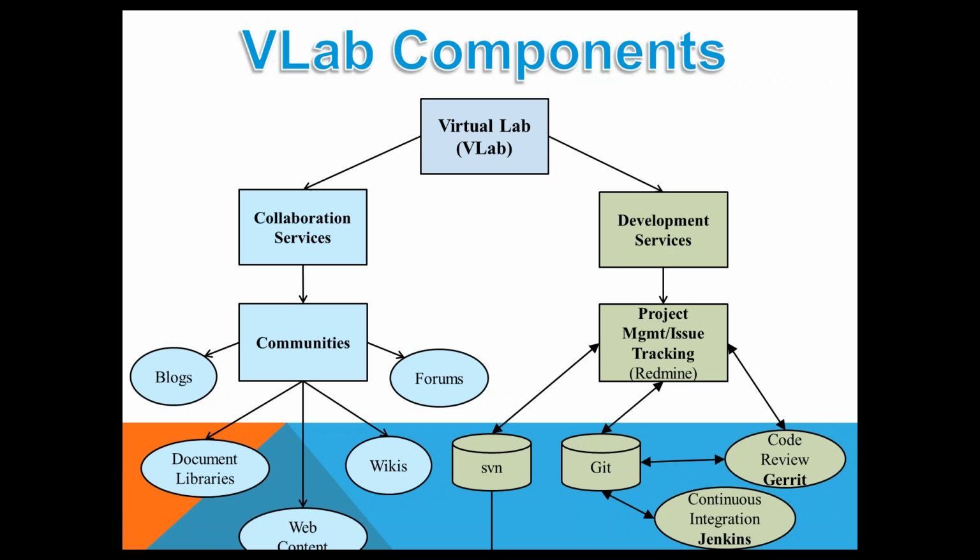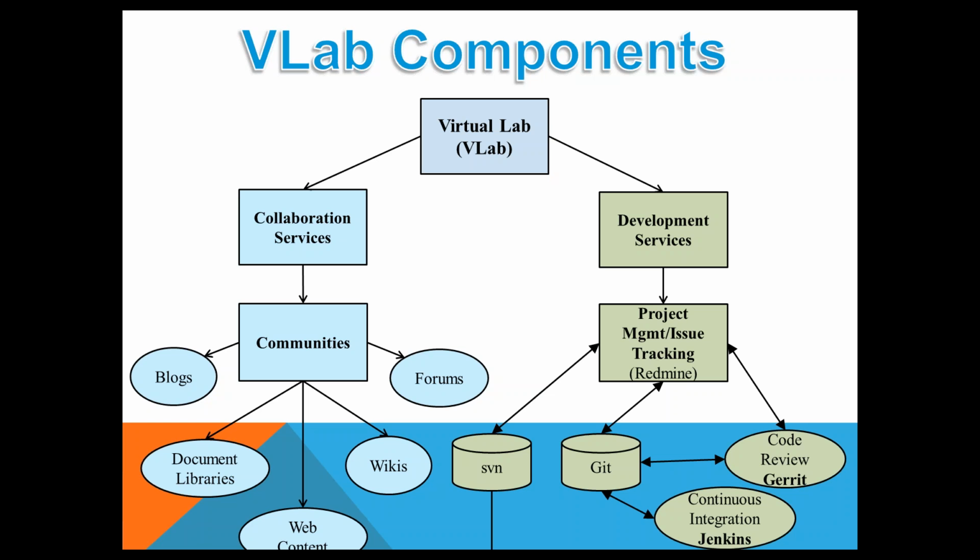We have the ability to store documents in document libraries. The person who owns the community can create web content, so basically create web pages. There are also wikis for group development of documents, and then forums, which are sort of bulletin boards or email lists. We'll get a little more into each of these as we get into the demo.